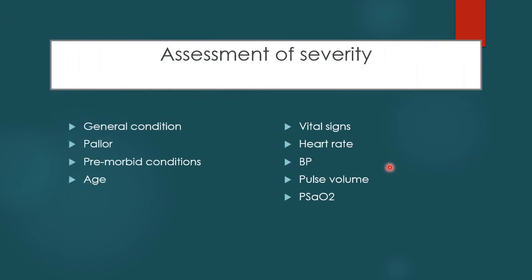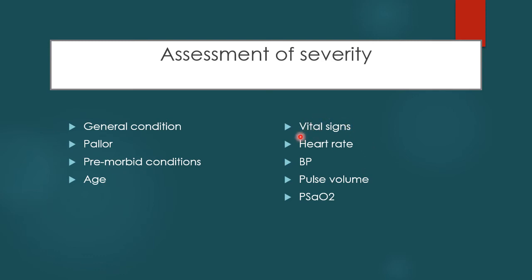This slide shows you a summary of the assessment of severity of bleeding in lower GI bleed. The general condition of the patient, the degree of pallor, the pre-morbid conditions, and of particular importance, the age of the patient.